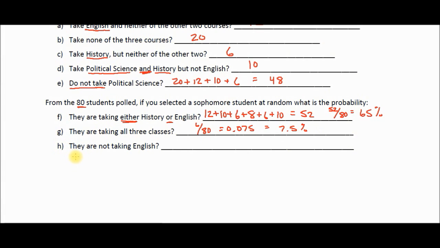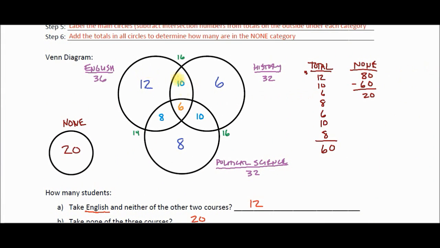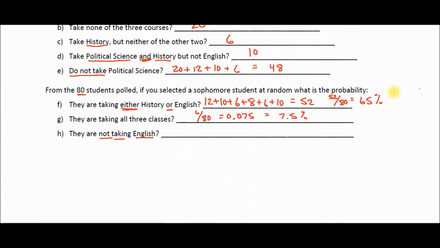And then letter H. How many are not taking English? Not taking English. Let's take a look. Well, all these students in this circle are taking English. So we got a 6, a 10, an 8, and don't forget the 20. These are also not taking English. 6 plus 10 plus 8 plus 20.